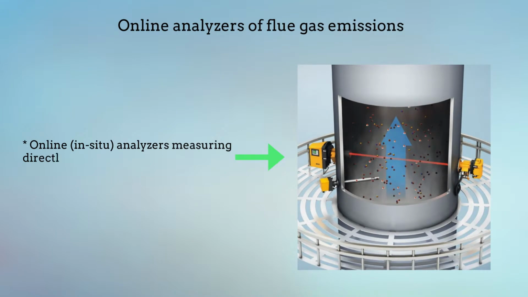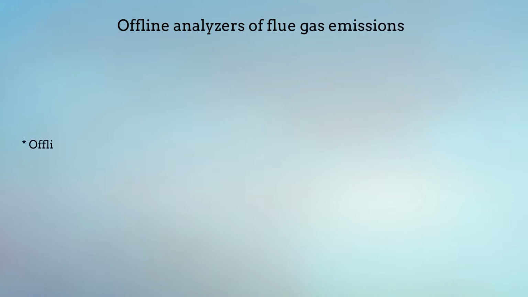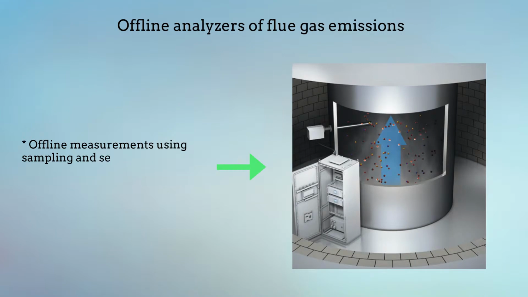You see those yellow measurement instruments in the stack. In offline measurements, samples are taken periodically and separate analyzers are used. The automatic drying of the sample in the cabinet is an important pre-processing procedure.